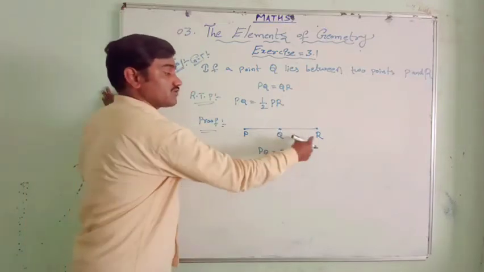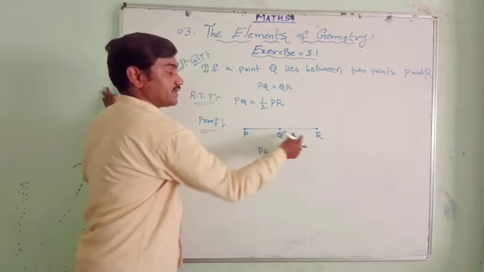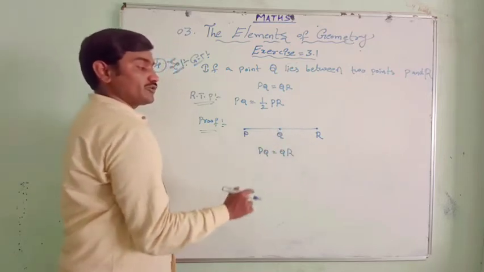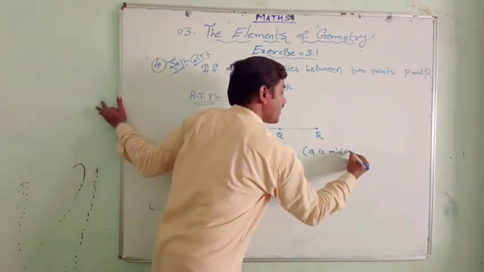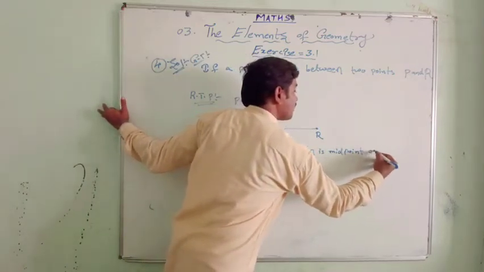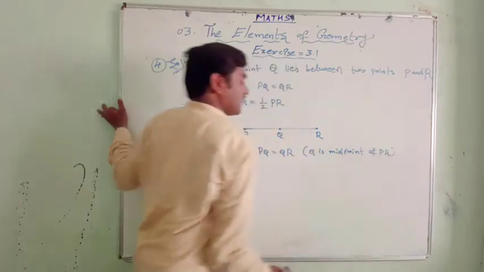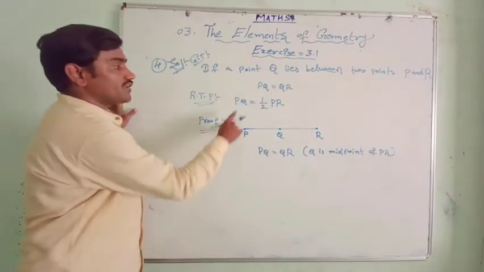These have the same length. That means Q is the midpoint of PR. That we need to understand. Now we need to prove this.